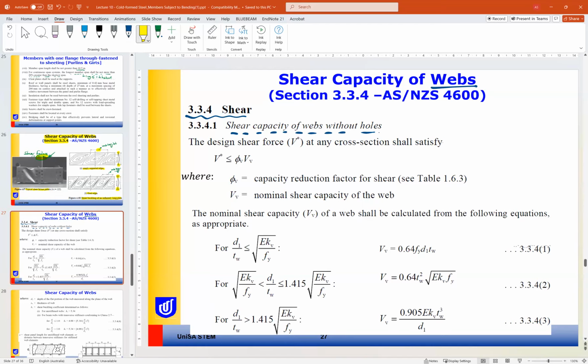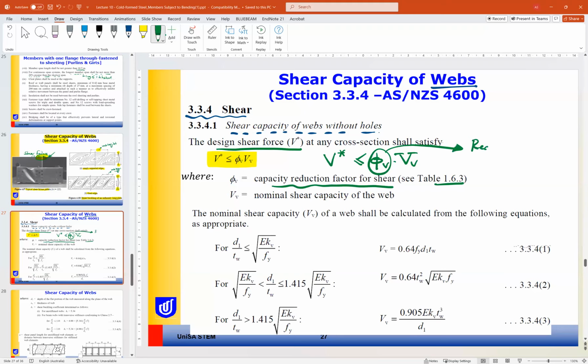The design shear force, V asterisk, needs to satisfy this condition: V asterisk should be less than or equal to phi V times VV, where phi V is the reduction factor for shear from table 1.6.3.